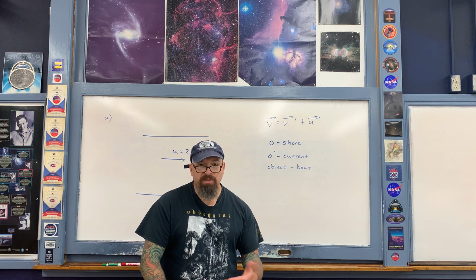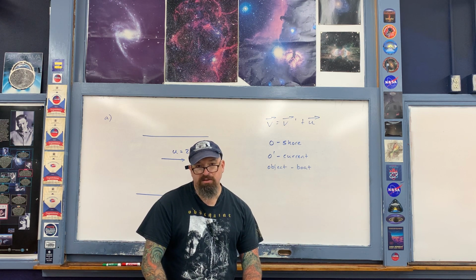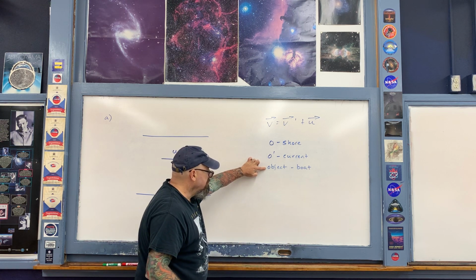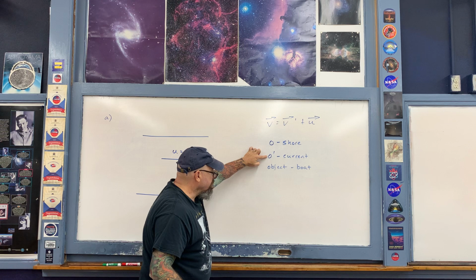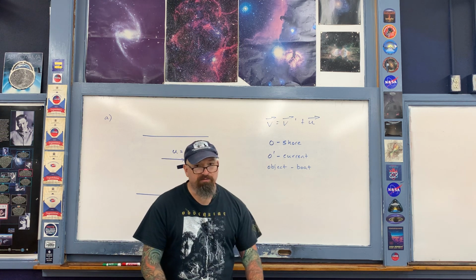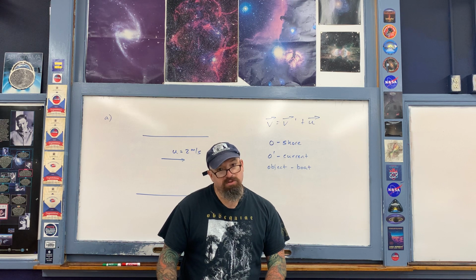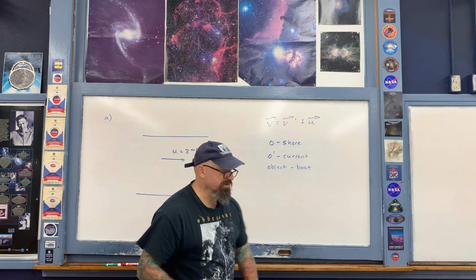This is describing the magnitude of one of the other velocity vectors. Specifically, it's describing the speed of the boat, the object, with respect to the water. That is with respect to the current. That's the O prime reference frame. So the magnitude of the V prime vector is given to us, then therefore, as 3 meters per second.